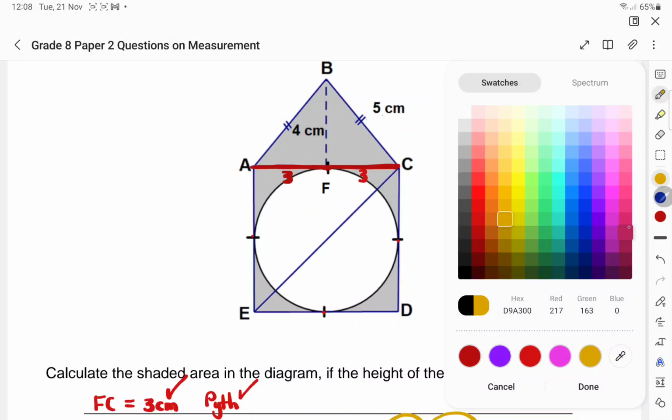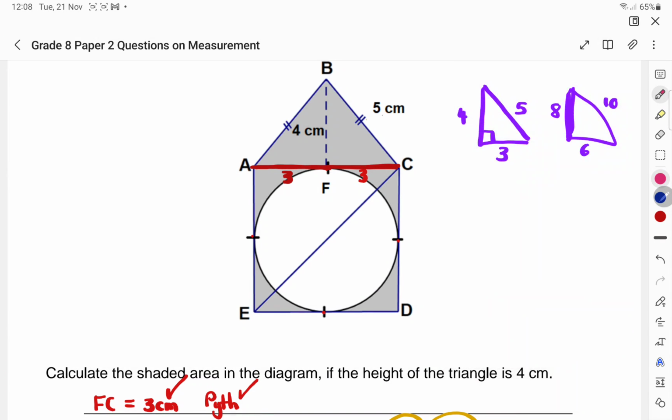Now, how would I get the shaded area? I actually want to do the sum over here so that we've got the picture right next to us. If this is 3 and 3, then hopefully you know, or you could see by these stripes everywhere, that this is indeed a square. We've worked out that AC is 6.